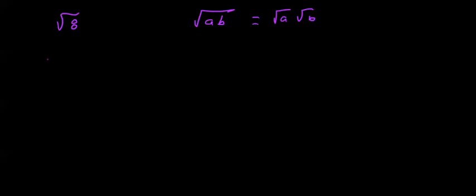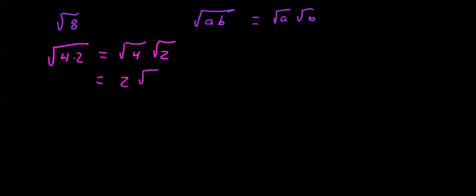Square root of 8 is the square root of 4 times 2, which is the square root of 4 times the square root of 2. And the square root of 4 is 2, so we get 2 square root of 2, and we're done. We look for the largest perfect square.